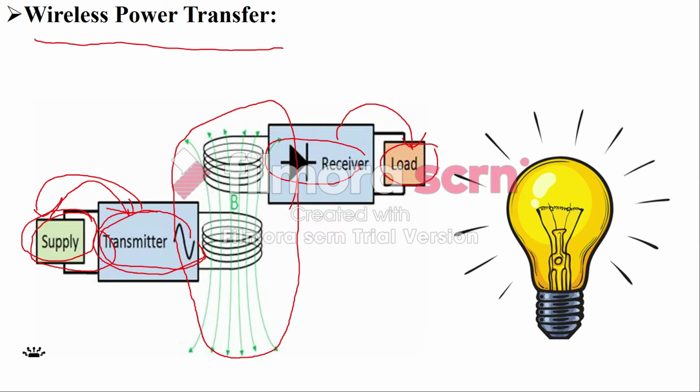Power is transferred to the receiving device through these electromagnetic waves, and the receiving device receives this power and supplies it to the load, and then this bulb gets the power and lights up. So this is the process behind wireless power transfer.